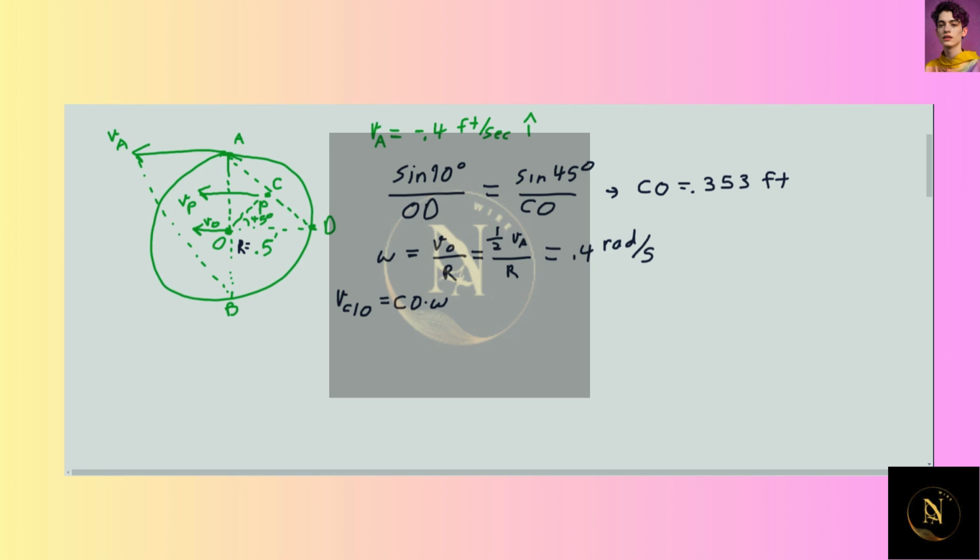Well, we know omega was 0.4 and CO is 0.353. So when we put those numbers in, we find that this velocity of C with respect to O is 0.141 feet per second. So that was somewhat simple for us.